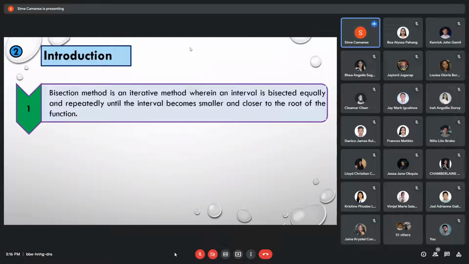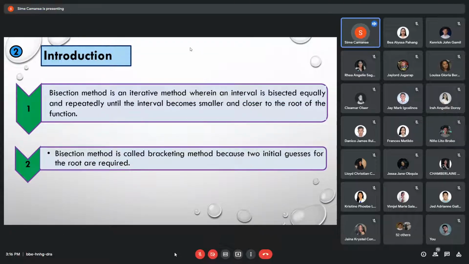This method is very simple but requires time to accomplish. Due to its iterative nature, a computer program may be developed. One thing important to keep in mind is that this method can be used not just for polynomial equations, but also for other equations and analytical problems.